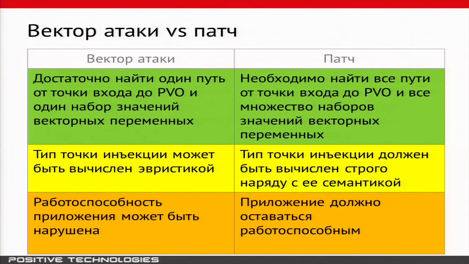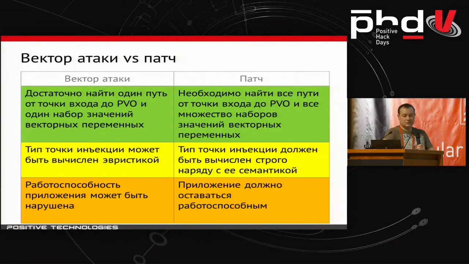What is the difference between the attack vector and the patch? For the attack vector, we need to find only one way to exploit a vulnerability, because this is the proof that there is a vulnerability. If we find one way the injection occurs, we can just stop, show it to the user, and say remove it.